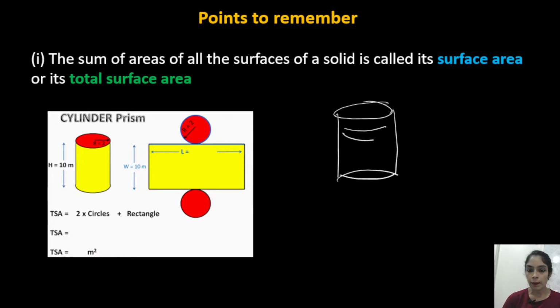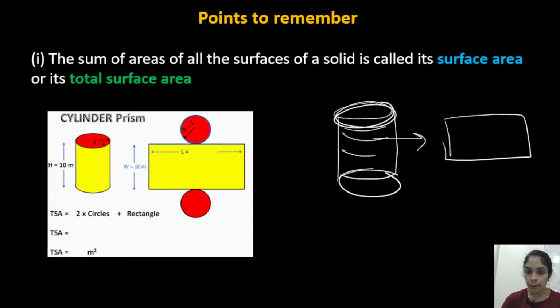If this curved part we open, this will become rectangle, and at the upper part and at the bottom part we have two circles. So if we have to find its surface area, it will be the sum of these three surfaces. So surface area is nothing but the sum of the surfaces present in the solid, like cylinder I have shown you here.